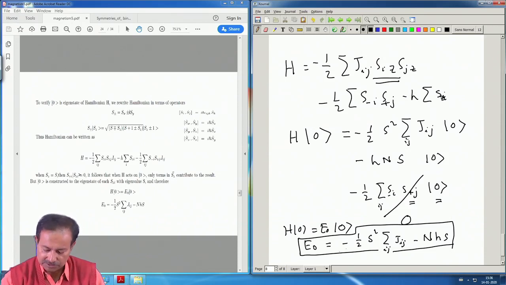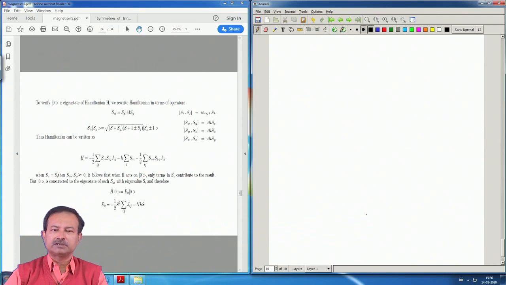So, I have established two things. I have not yet established that it is a ground state. I have established that it is an eigenstate.